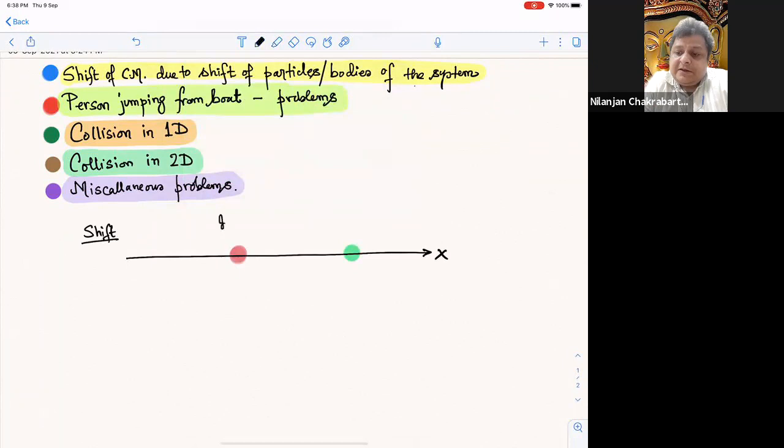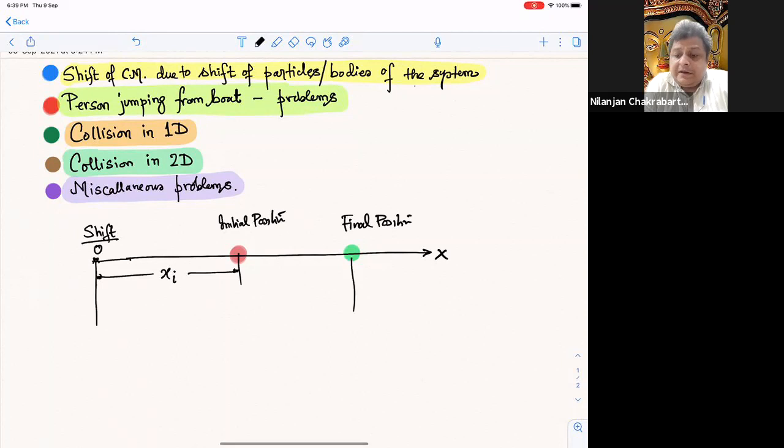So this is the initial position of particle, and that's the final position of particle. So there is some zero on origin. xi for the initial coordinate, and xf for the final coordinate of the particle.